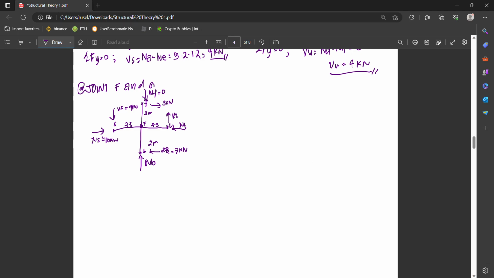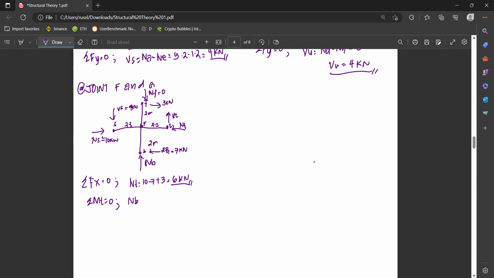Okay. Summation forces at X again. Your NT is equal to 10 minus 7 plus 3. That is equal to 6 kN. Summation moment at P naman tayo.